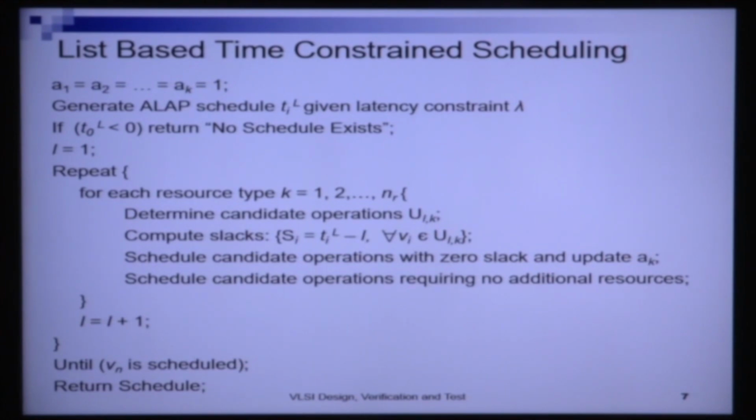Slack is a measure of the urgency of this operation at this current point in time. Who are the most urgent operations at any given time? Those with the least slack. So, if there are candidate operations with slack 0, they must be scheduled at that time step, otherwise the deadline will be missed. If we have such operations, then we schedule all those operations at that time step.